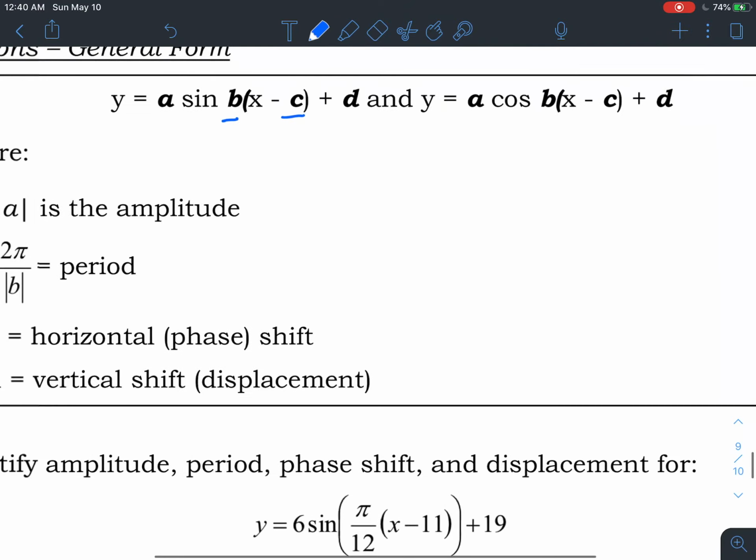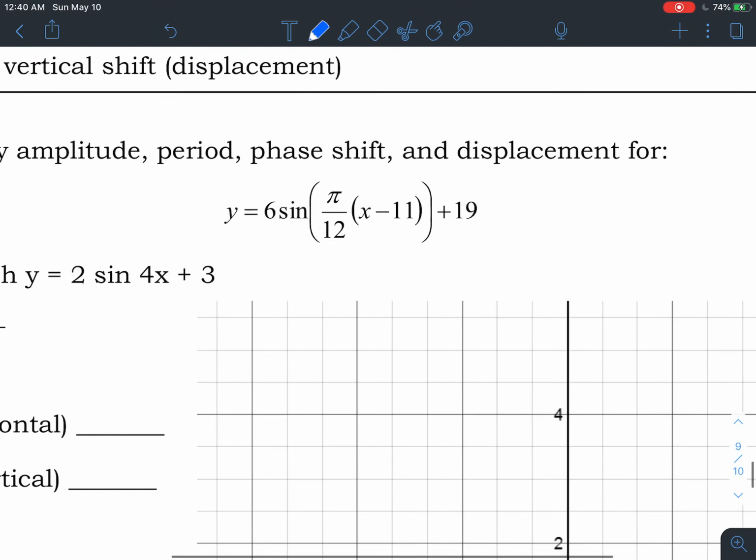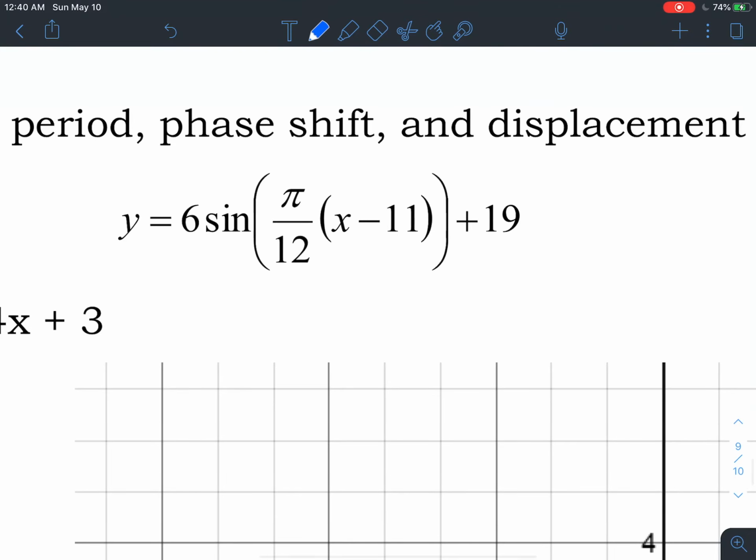You can see here I do that for a couple of these examples. This would be my B value and this would be that C value. That's going to be my phase shift.